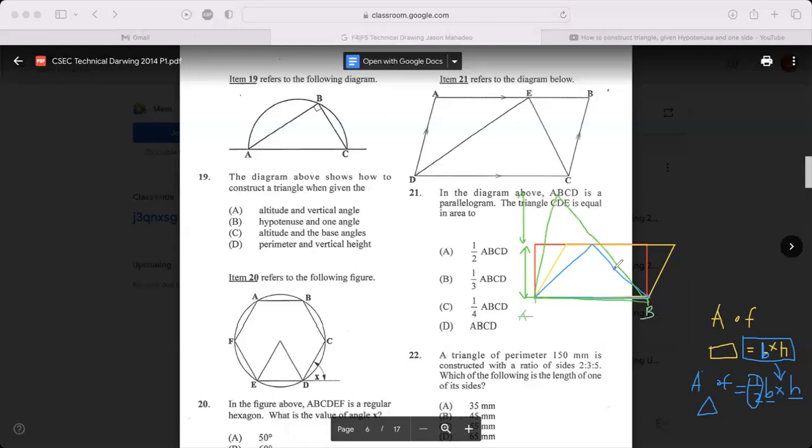If the triangle has twice the height of the rectangle, that means the areas are the same. Since the area of the triangle is half the area of the rectangle, the triangle with twice the height would have the same area as the rectangle. You understand what I mean? Let me know if you all understand, right? You all understand?